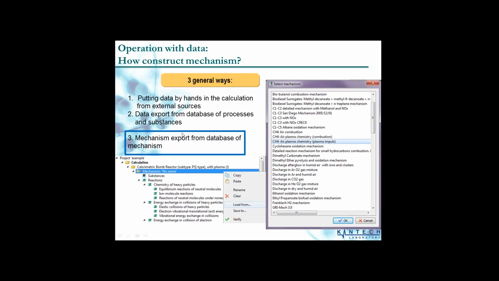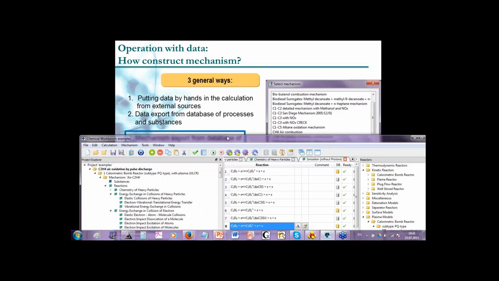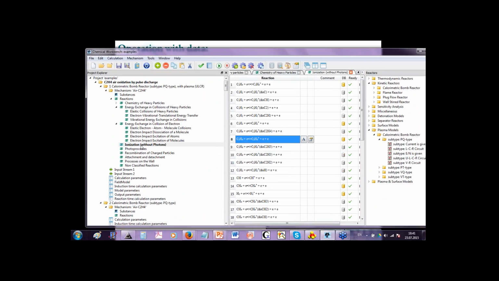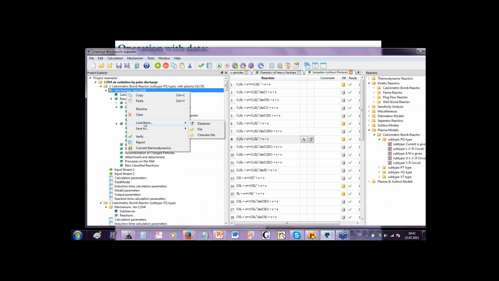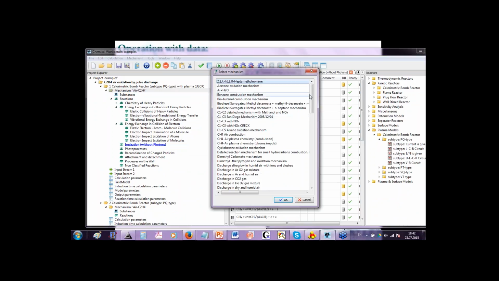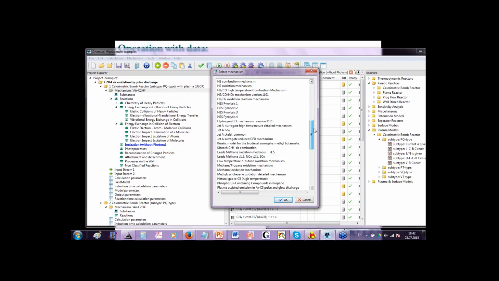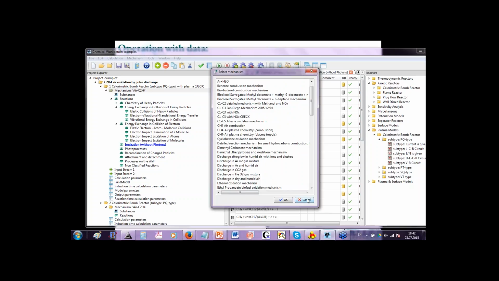So the more appropriate way here is the mechanism export from the database of mechanisms. It is a very easy way. Just click on the mechanism folder here and find load from database. And here you will see the whole collection of mechanisms which we have inside the database. Okay.